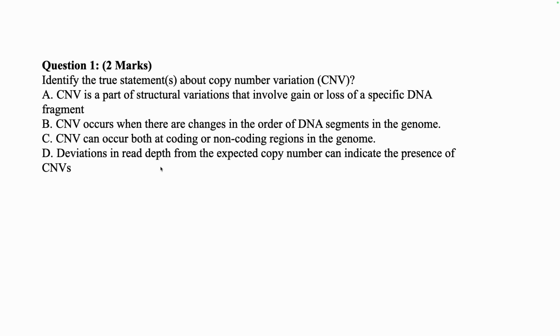When we quantify our raw reads, if there is a duplication of a gene in sect 1, then we will get a higher depth or a higher read count in that particular sect when we compare to the other sect. So the deviation in the read depth from the expected copy number can indicate the presence of CNV, which is also correct.